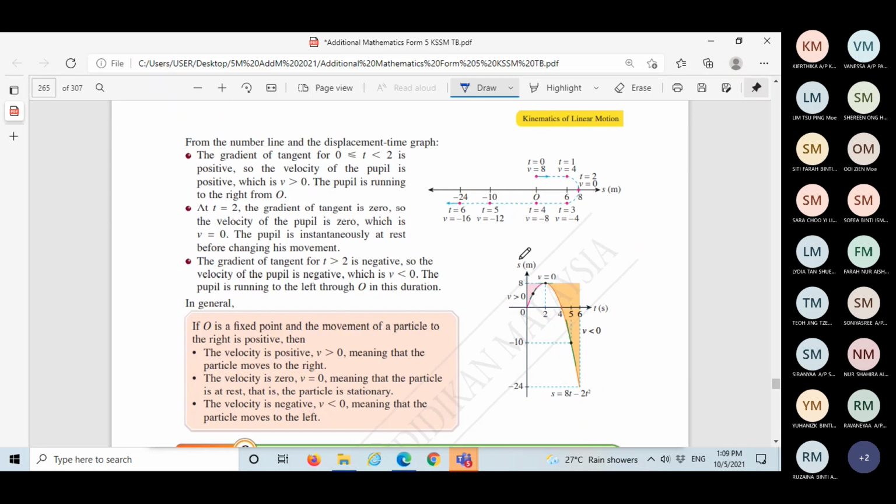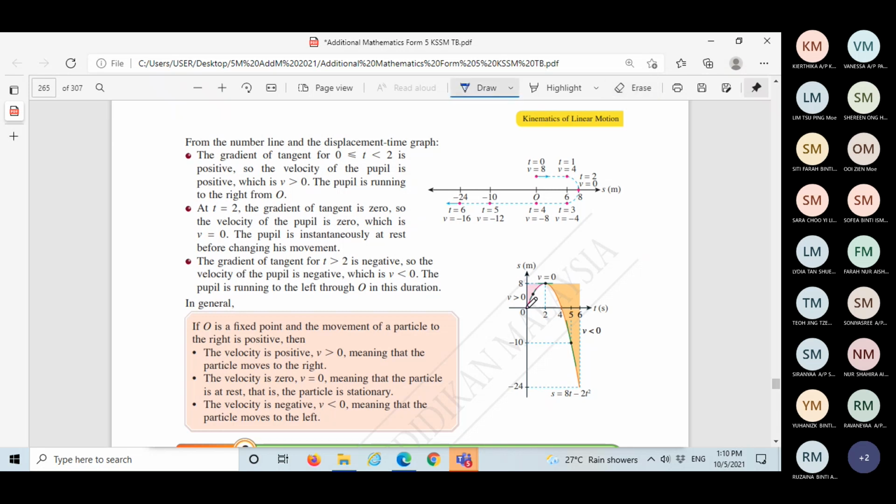So this graph is the s and the t, displacement time graph. The function is this way, 8t minus 2t squared. Just now we said already, velocity is the gradient of this type of graph. Because this is a curve, it's the gradient of the curve. Gradient of the curve, always you've got to refer to a certain point.